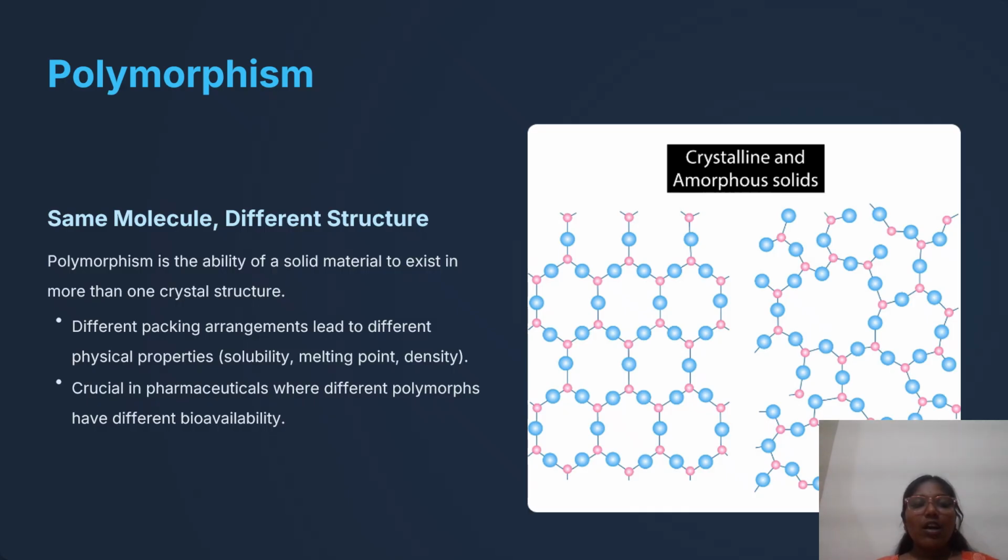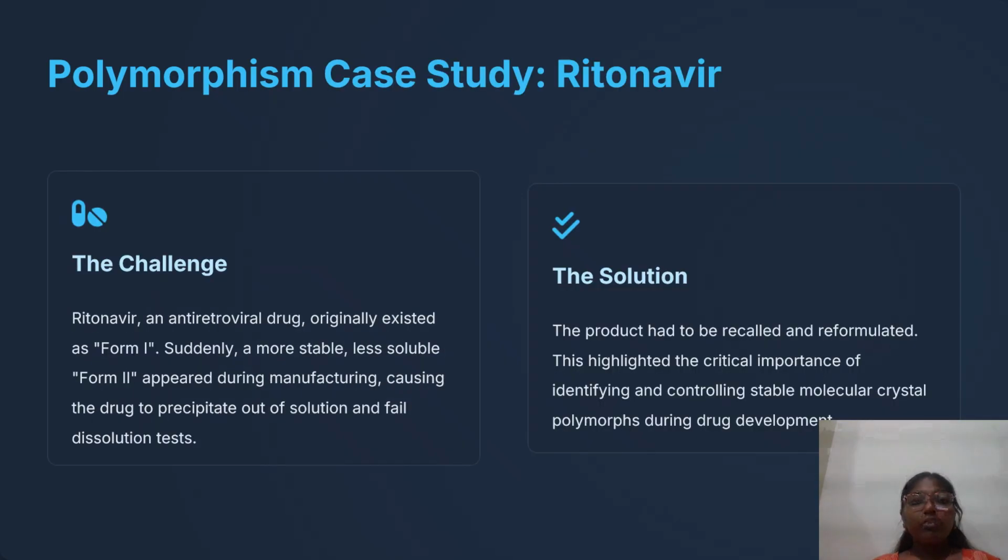Pharmaceutical applications: development of novel drug formulations with improved solubility, stability, and controlled release. Polymorphism case study: Ritonavir. The challenge: Ritonavir, an antiretroviral drug, originally existed as Form I. Suddenly a more stable, less soluble Form 2 appeared during manufacturing, causing the drug to precipitate out of solution and fail dissolution tests.